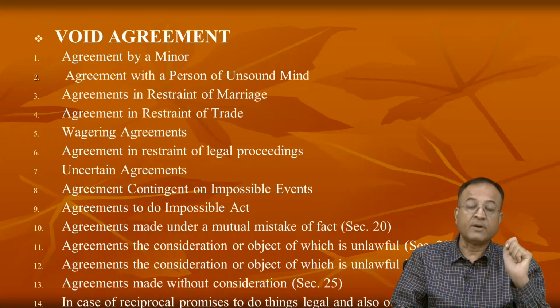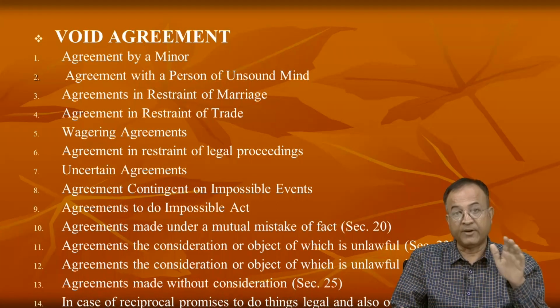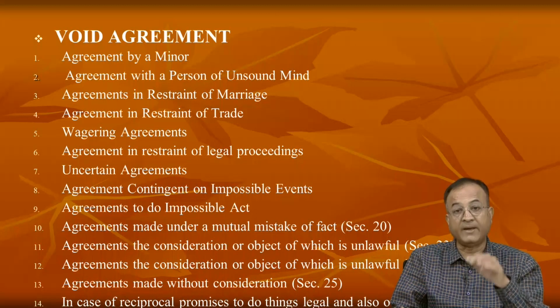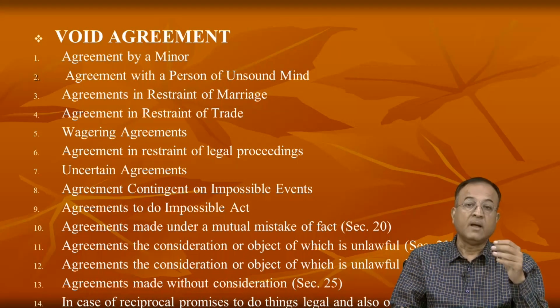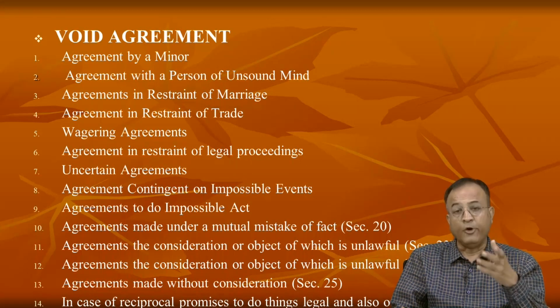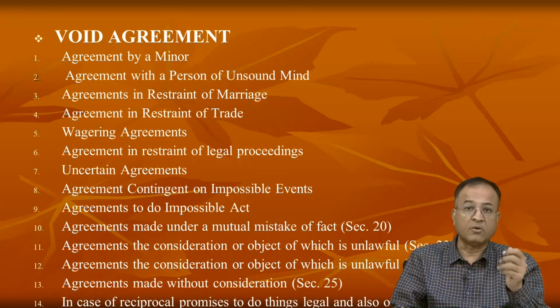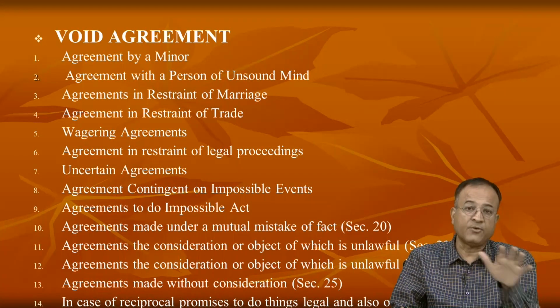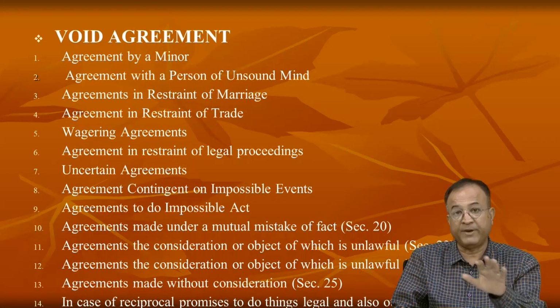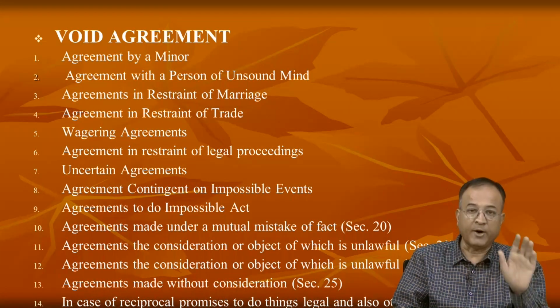The restriction may be general or partial, but the agreement is void, and therefore an agreement not to marry at all, or a certain person, or a class of persons, or for a fixed period is void.